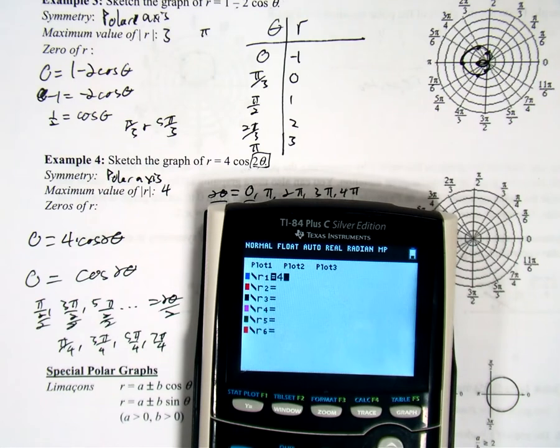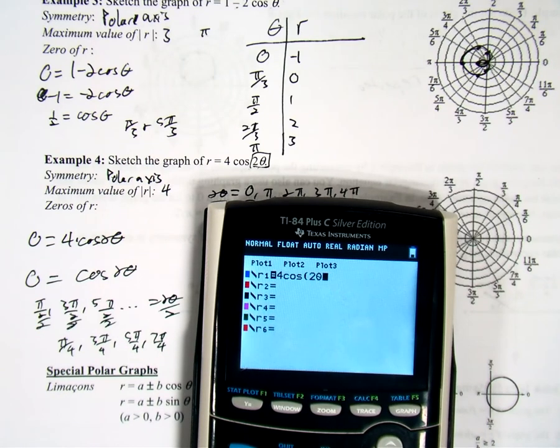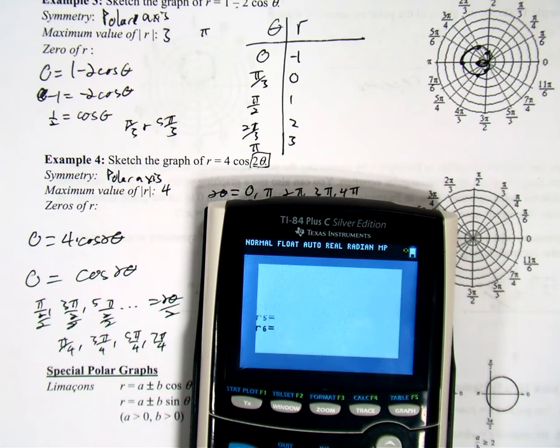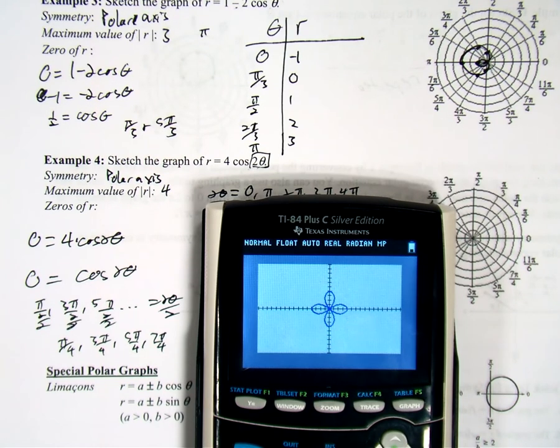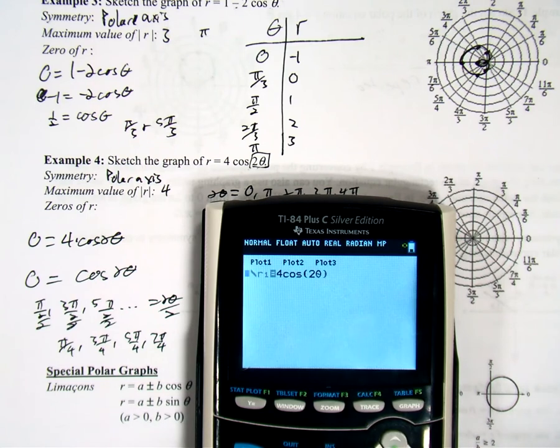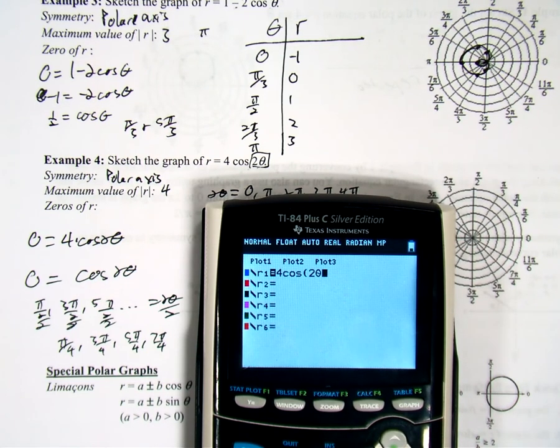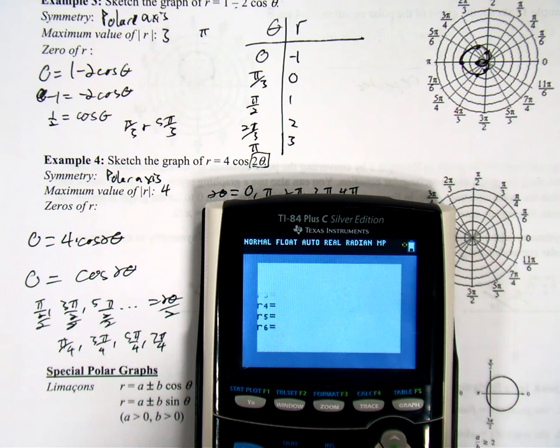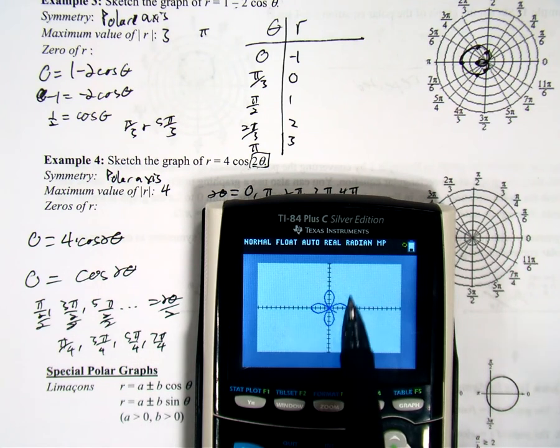And if we type this in, 4 cosine 2 theta, it's going to make a rose. It's going to make a rose petal graph. Okay? And for these, when we're graphing them, I'm only going to ask that you get the endpoints. If we hit this again, like pretend to clear it out, delete, theta, parentheses, and graph it, you can kind of see it loops like this.